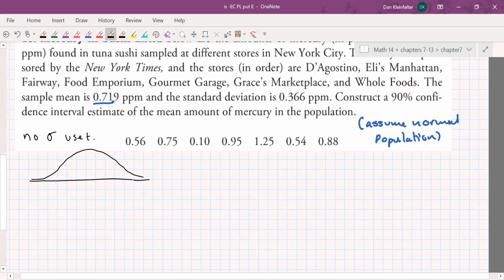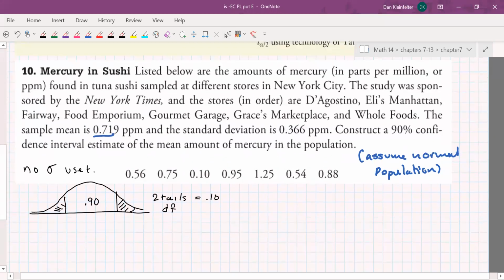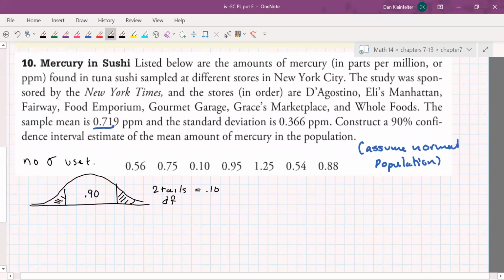We're going to make a 90% confidence interval. That means that the area in two tails is going to have to be 0.10. Our degrees of freedom, there were 1, 2, 3, 4, 5, 6, 7 stores. So degrees of freedom is going to be 6.